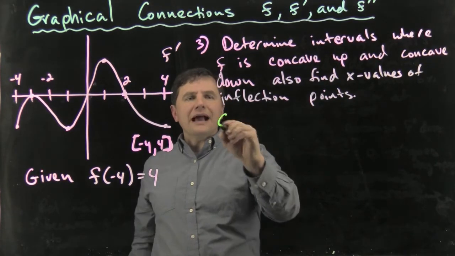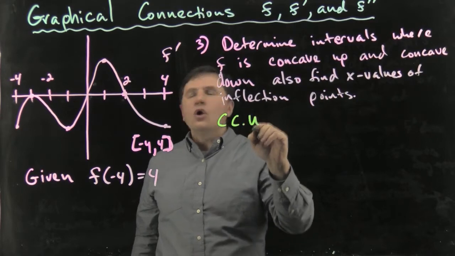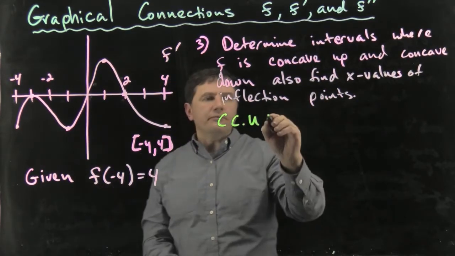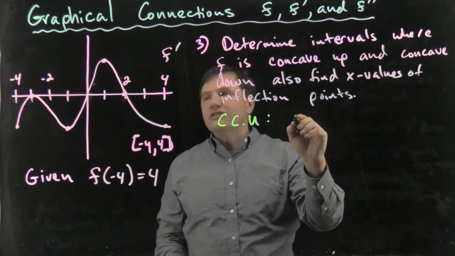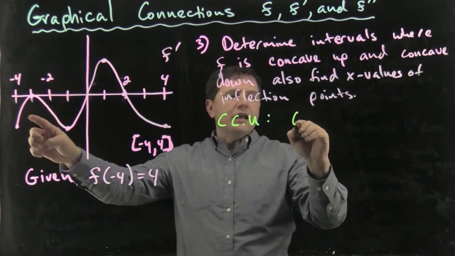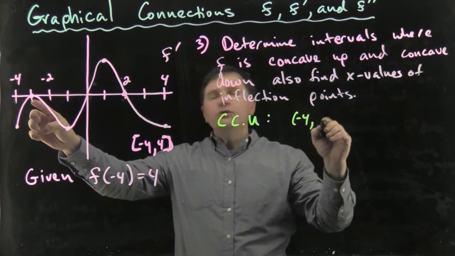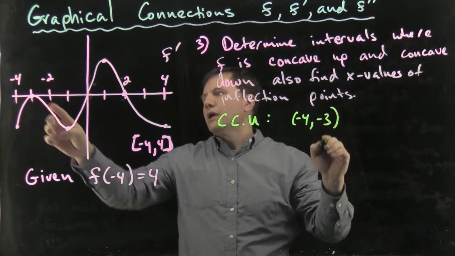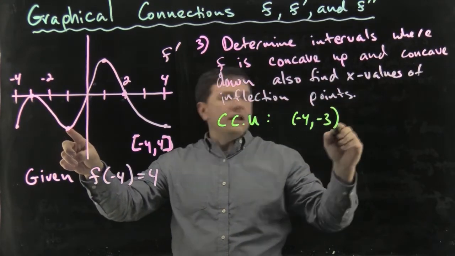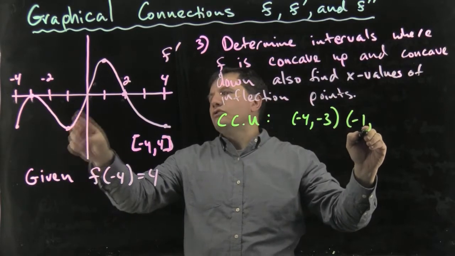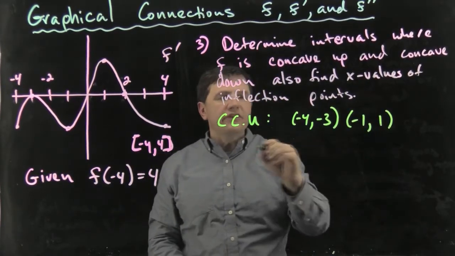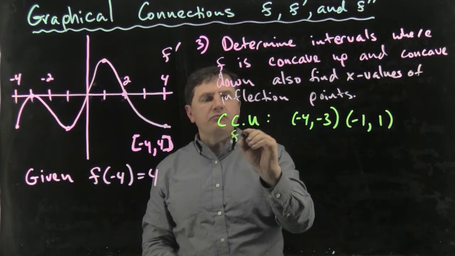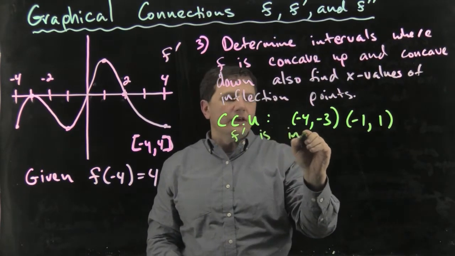So we are going to be concave up when f prime is increasing. And that's what I want to use here. So f prime is increasing from -4 to -3, from -1 to 1, and that is it. And I would simply say because f prime is increasing.